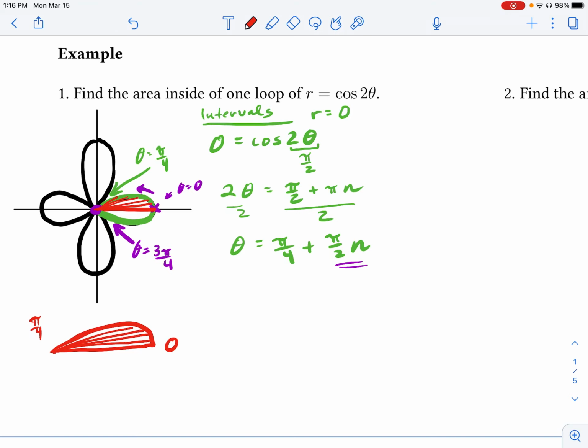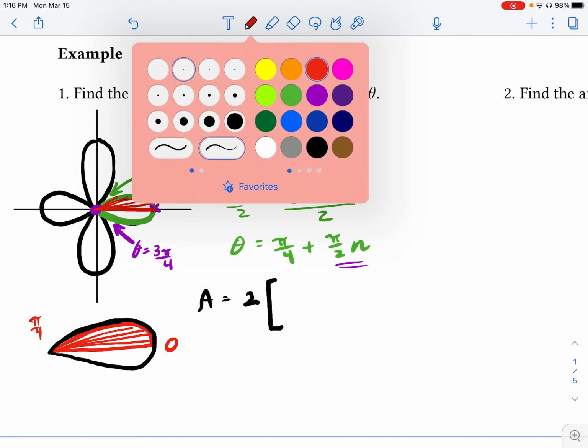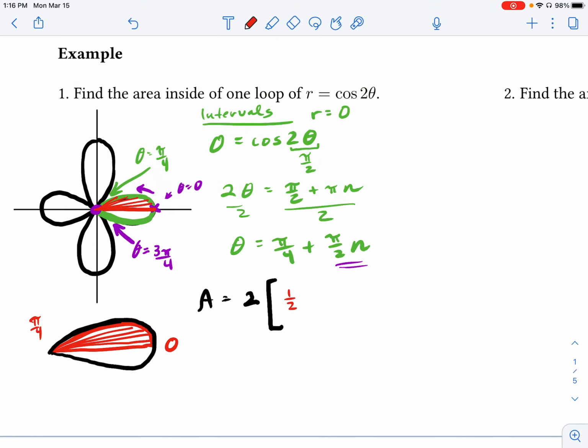So let me actually also do this, and this will hopefully make sense in a second. To find the area of this entire petal, I am going to do 2 times the area of half the petal, which is 1/2 the integral from 0 to pi over 4 of r squared, so cosine of 2 theta squared d theta.